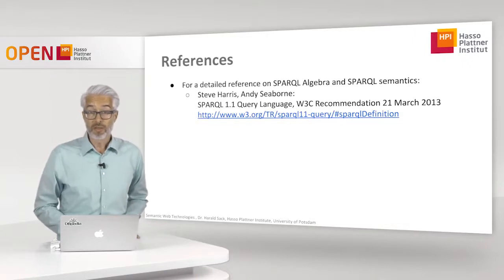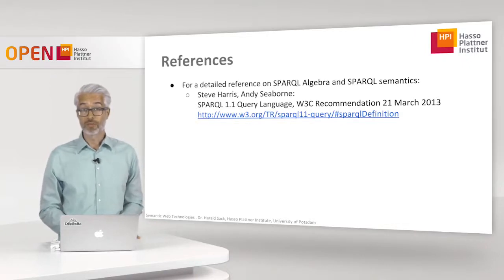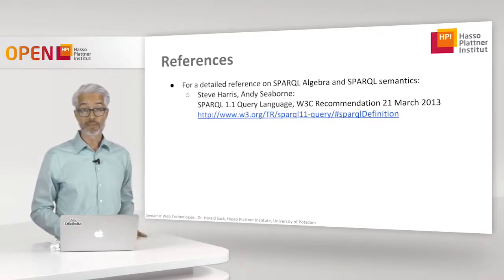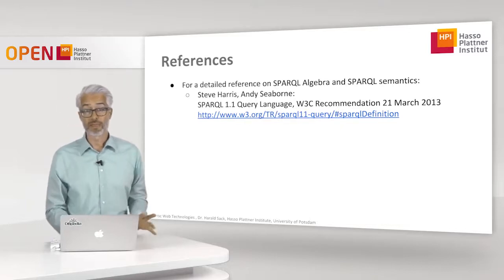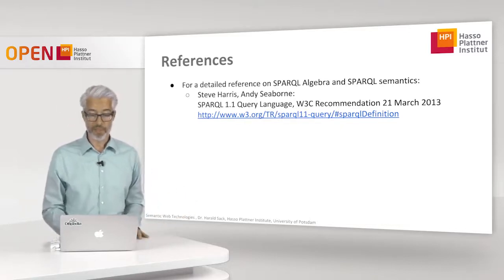With this chapter, we are done with SPARQL. If you want to do more with SPARQL, you are free to do all the exercises which are available for the course. And later on, also in our programming examples, we will come back to SPARQL anyway.